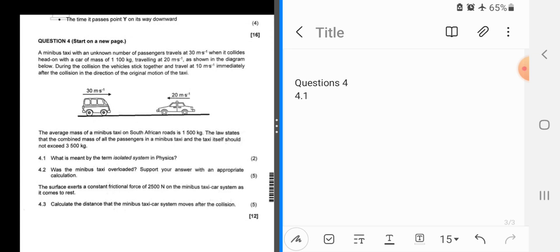Let's just say that. The average mass of a minibus on South African roads is 1,500 kg. The law states that the combined mass of all the passengers in a minibus taxi and the taxi itself should not exceed 3,500 kg. What is meant by the term isolated system in physics?